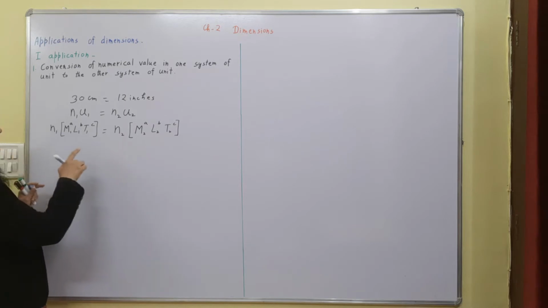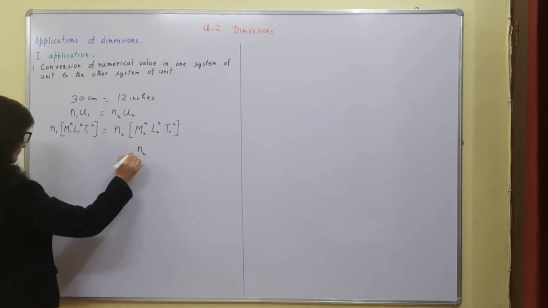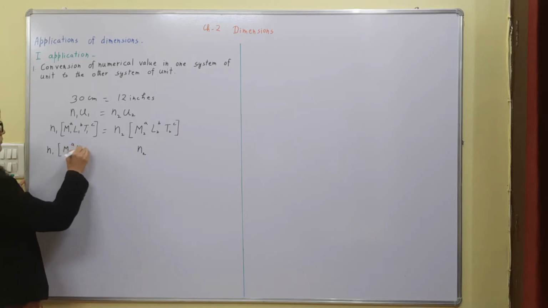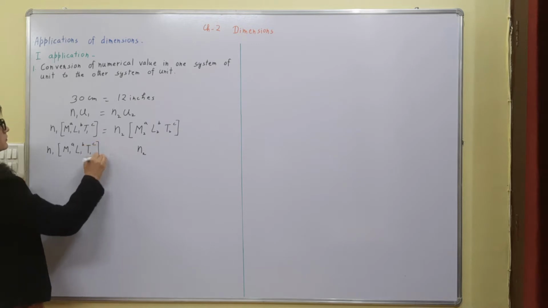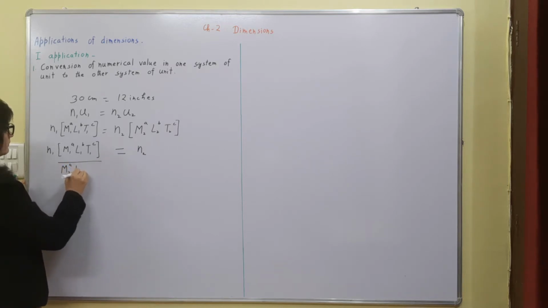We have to find the numerical value in the other system. So I can keep this numerical value on the right side, and on the left side I can write m1, and in the denominator I can write this.